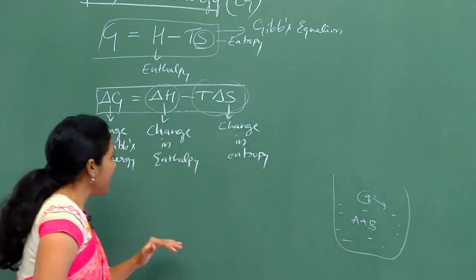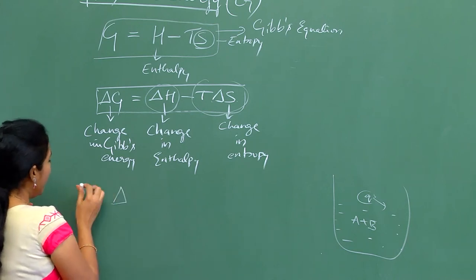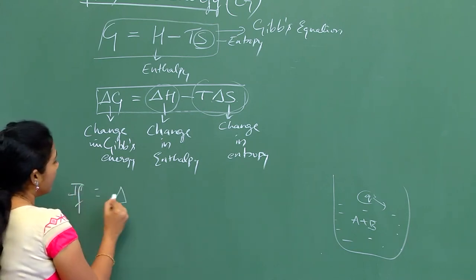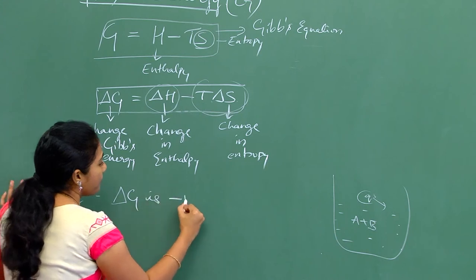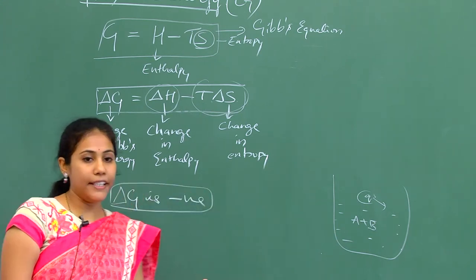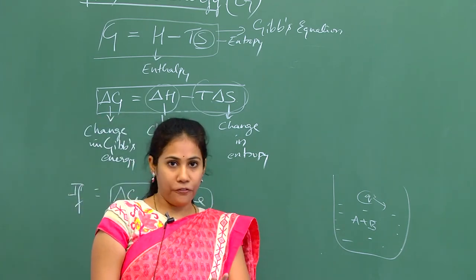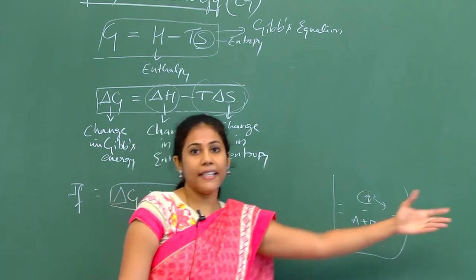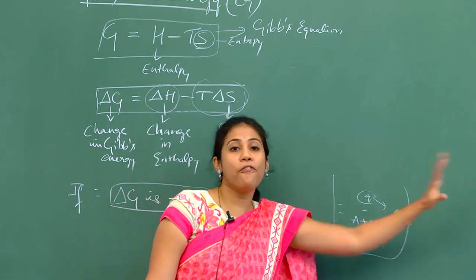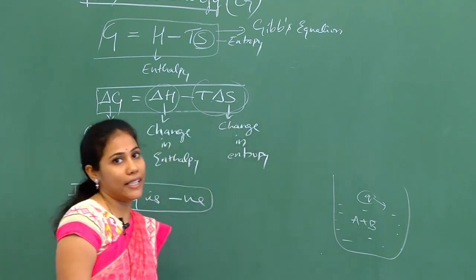So based on this, what is concluded is, if delta G is negative, the Gibbs free energy is negative, in the sense that with a little amount of energy itself the reaction proceeds or the products have formed, then such a reaction is said to be spontaneous.